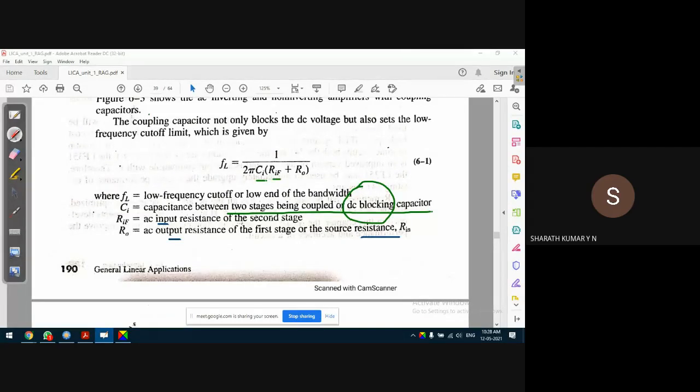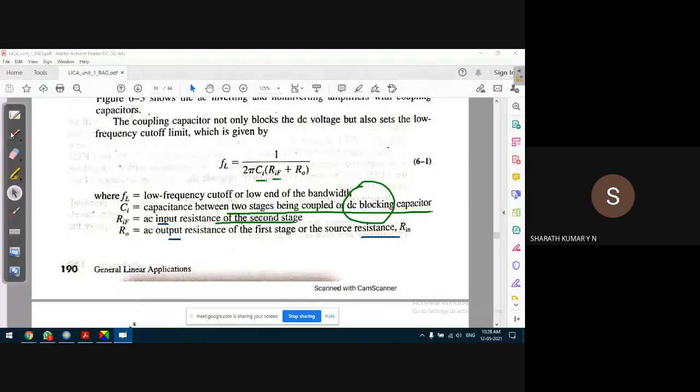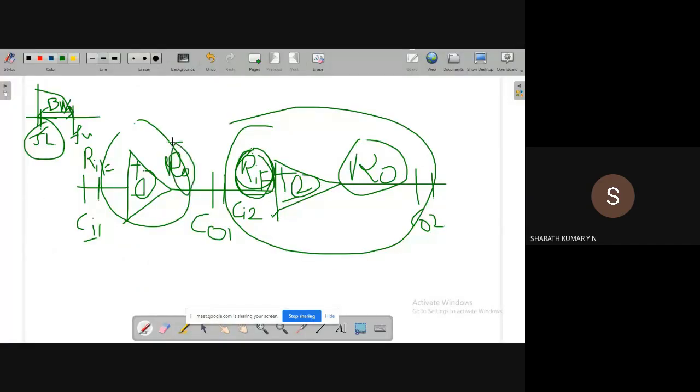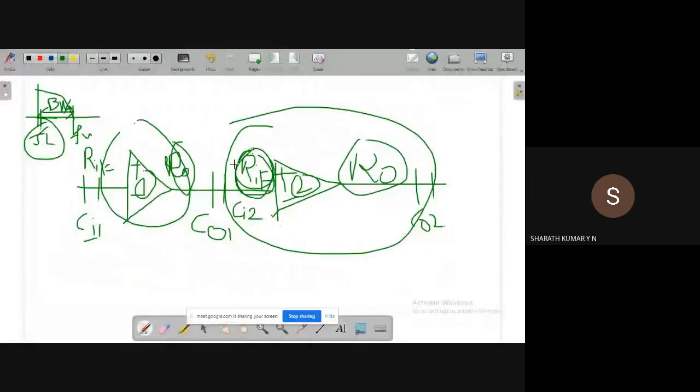In this case, RIF is the input resistance of the second stage, and RO represents the output resistance of the first stage, the source op amp. So these two resistances, RO and RIF, are considered.